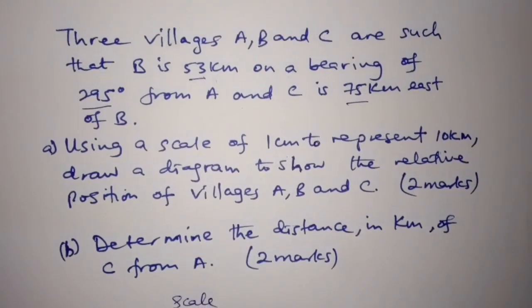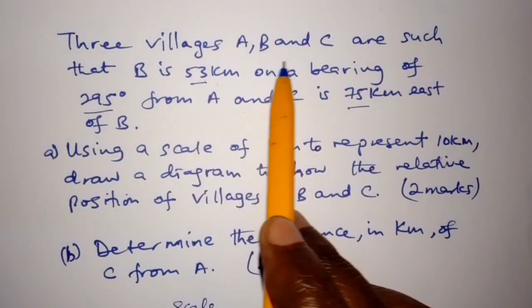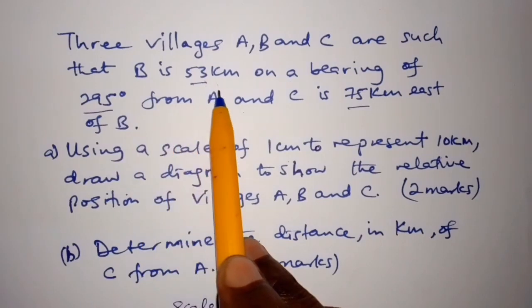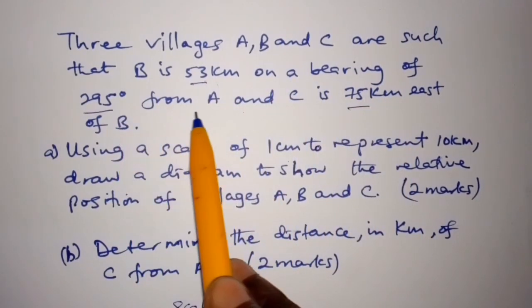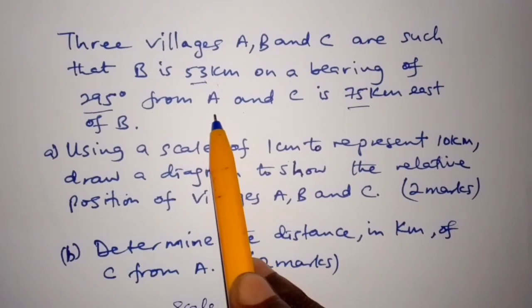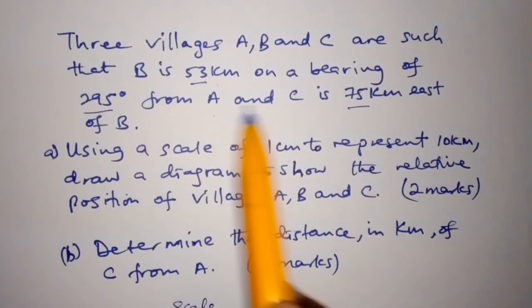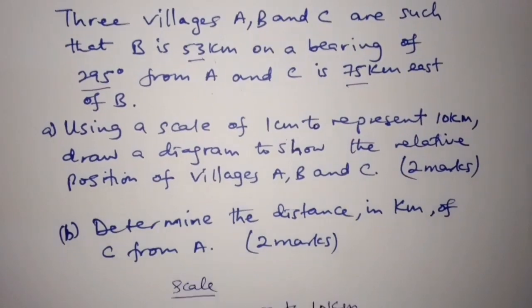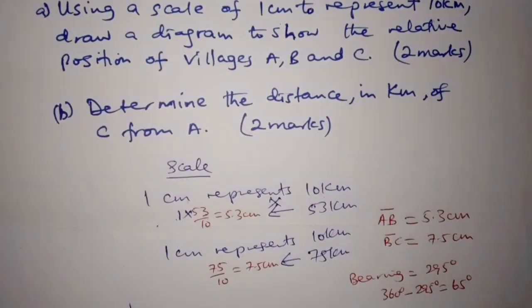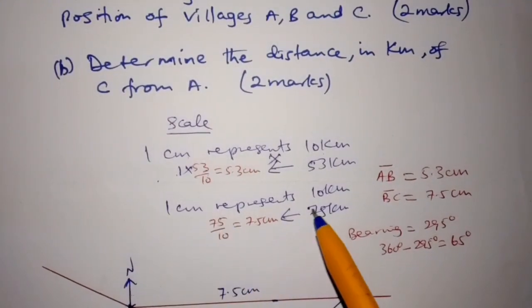So that is, three villages A, B, and C are such that B is 53 km on a bearing of 295 degrees from A, and C is 75 km east of B. We can convert 75 km into centimeters. 1 centimeter represents 10 kilometers.